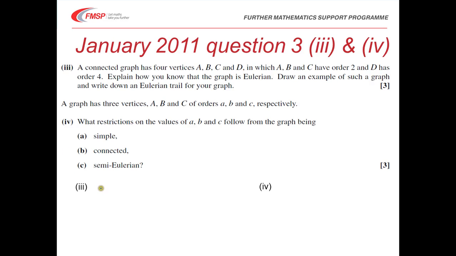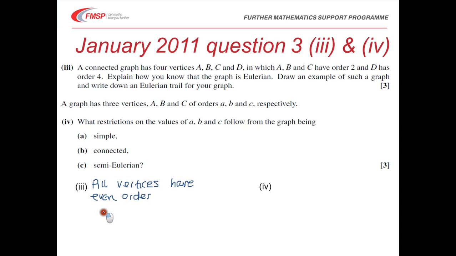So in part 3, it is always going to be Eulerian because all vertices, or all nodes, have even order. So that's the important first part. And then we're asked to draw an example of the graph.